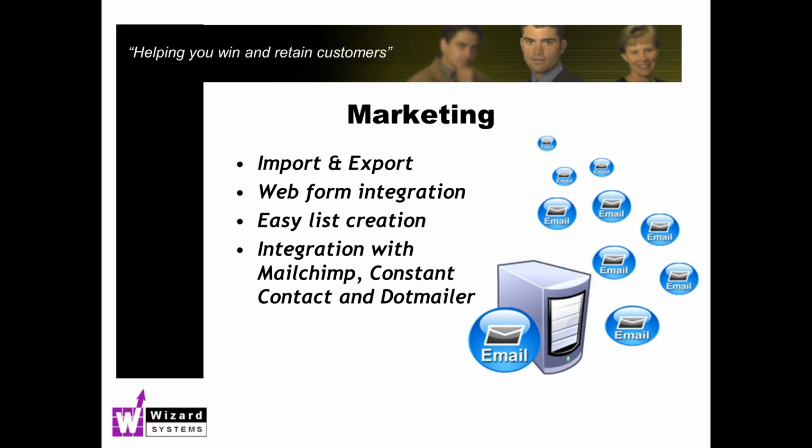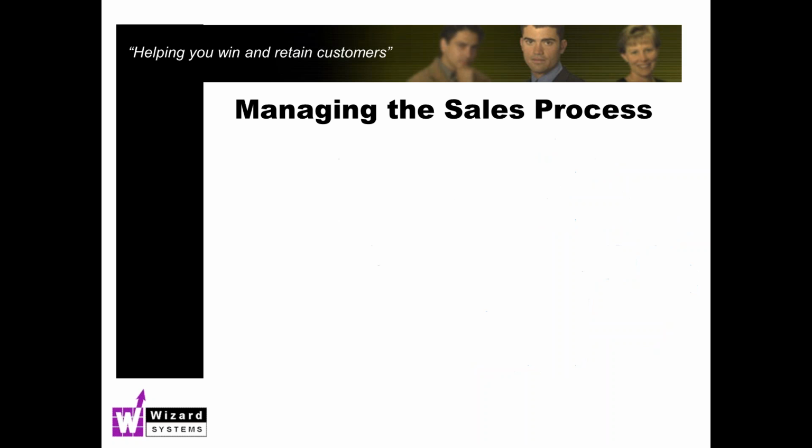But Mailchimp, we find, is a pretty popular email marketing solution out there, and there is a free trial of Mailchimp. In fact, you can use it for free if you have under 2,000 subscribers. So if you've got under 2,000 people that you regularly email, then you can use Mailchimp for free. And all this integration is provided with the paid CRM edition or business edition of Workbooks.